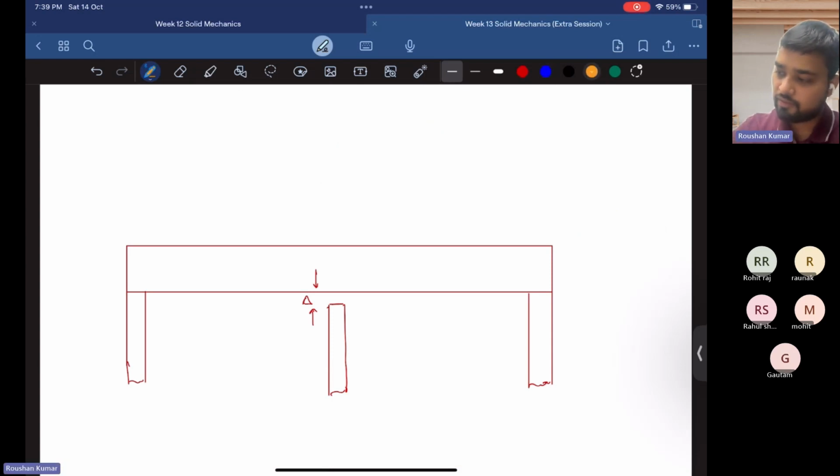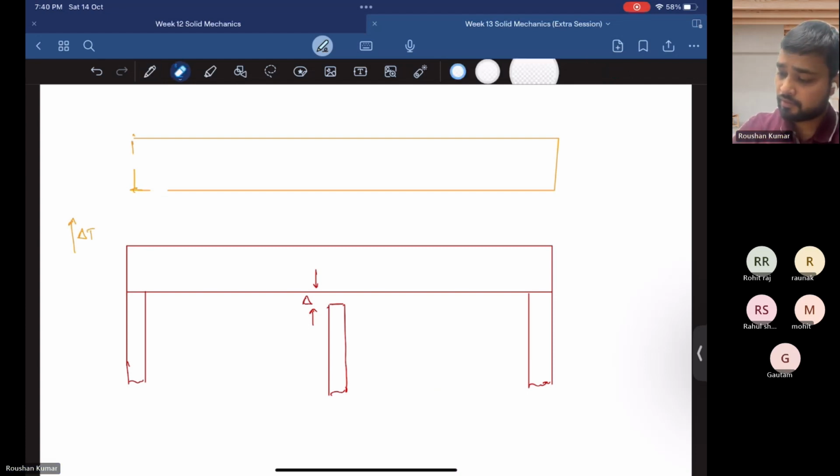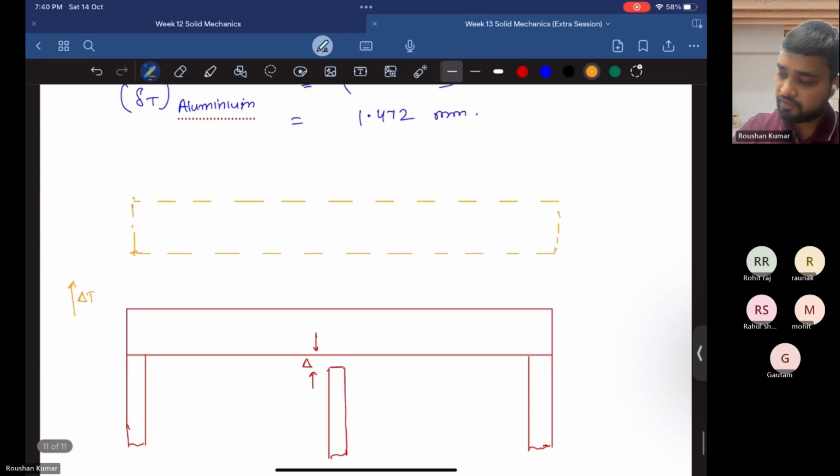So the slab will now be here. This is the final position.